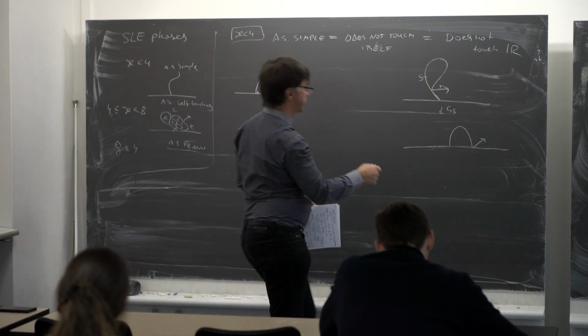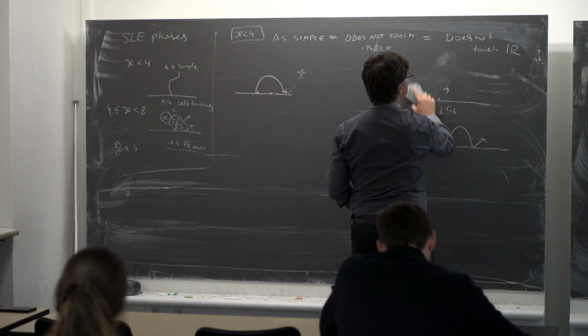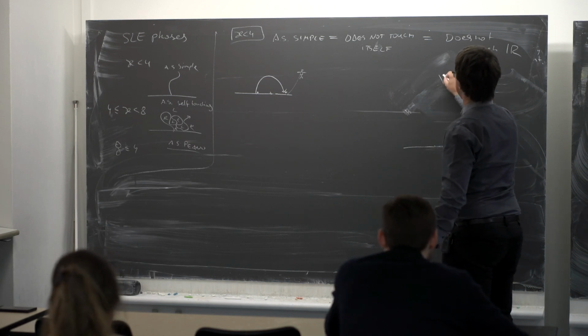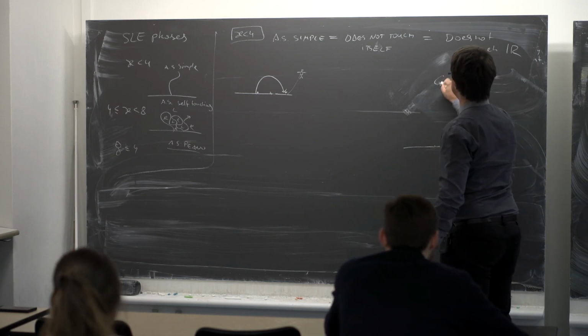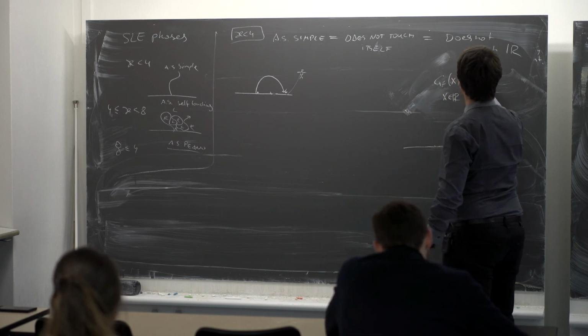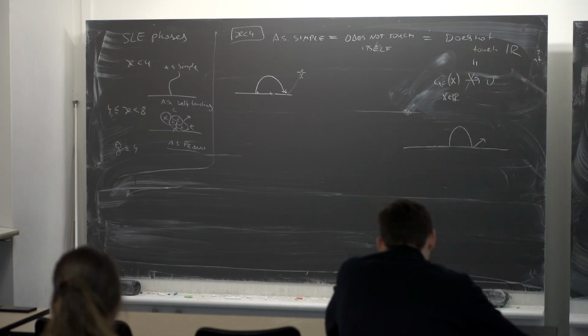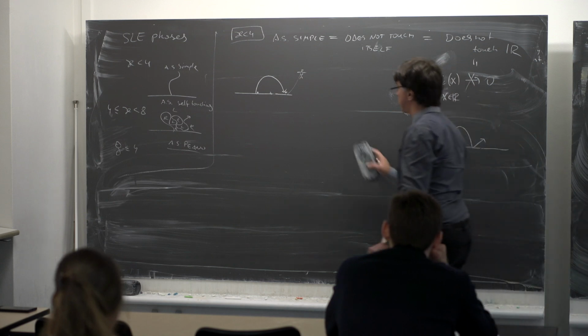So not touching R is the same as saying that g_t(x), where x is in R, almost surely doesn't tend to 0. If it stays away, then it's always visible, then everything is fine. That we will prove.